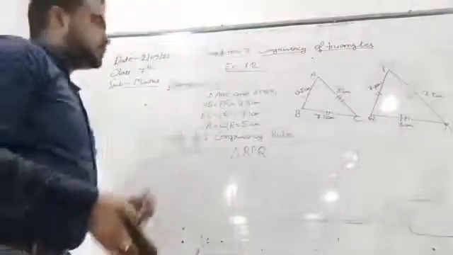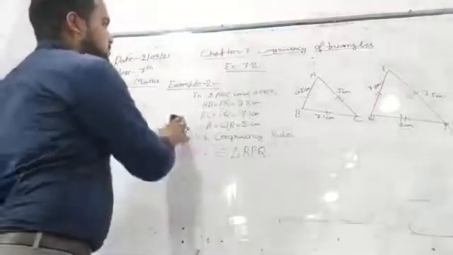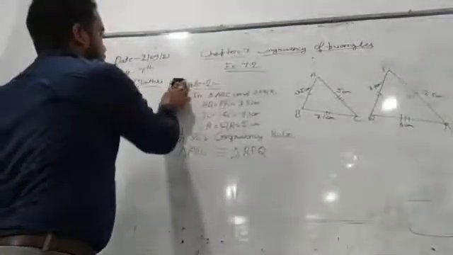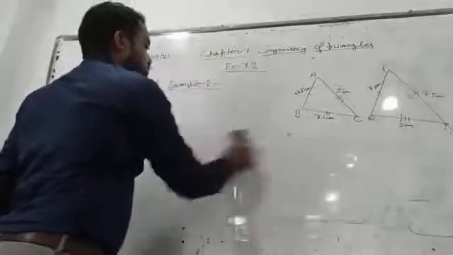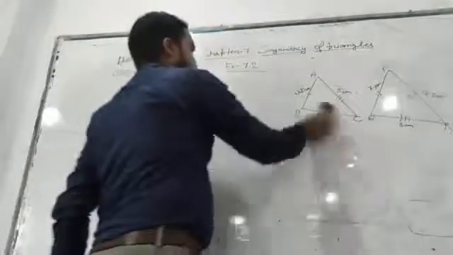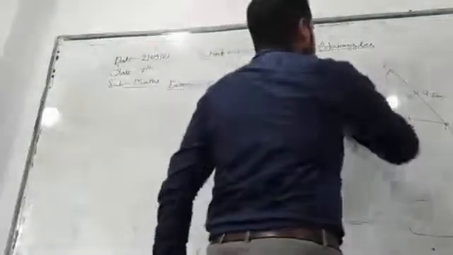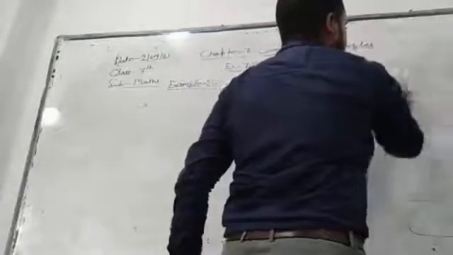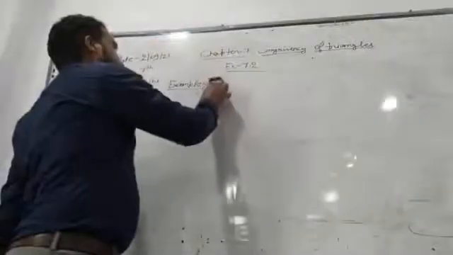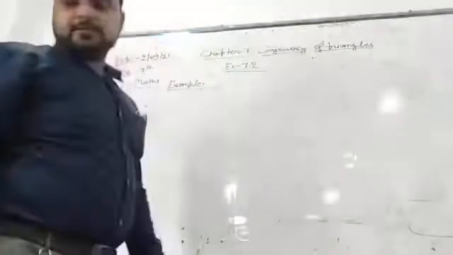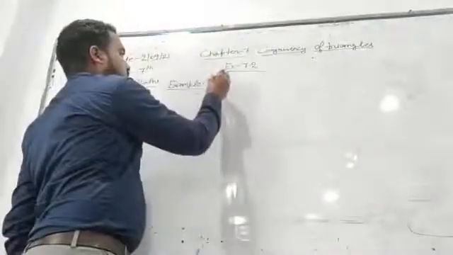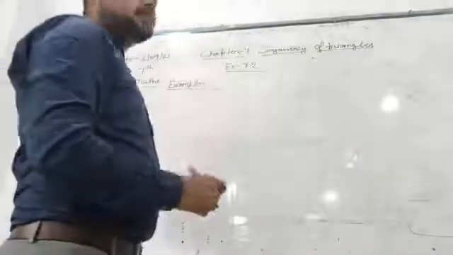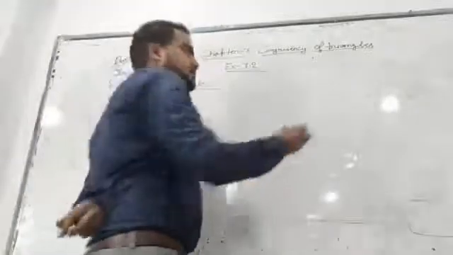So now the next concept. Next example. That is example 3 in exercise 7.2. On the same criteria, there is given a figure.